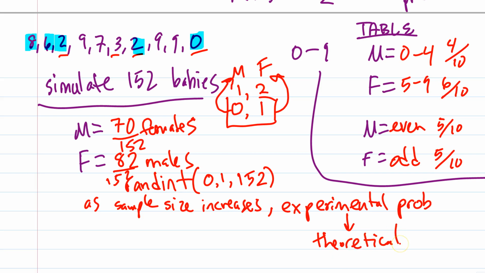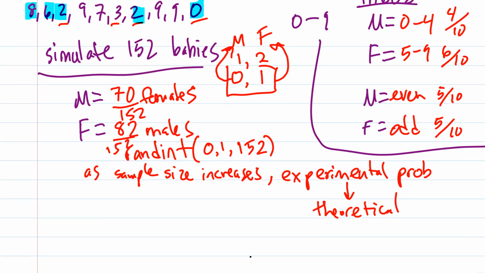And if it doesn't, then one of these is wrong. One of these has an issue. Either there's a bias in our experiment, or the theoretical maybe isn't the truth. Okay?